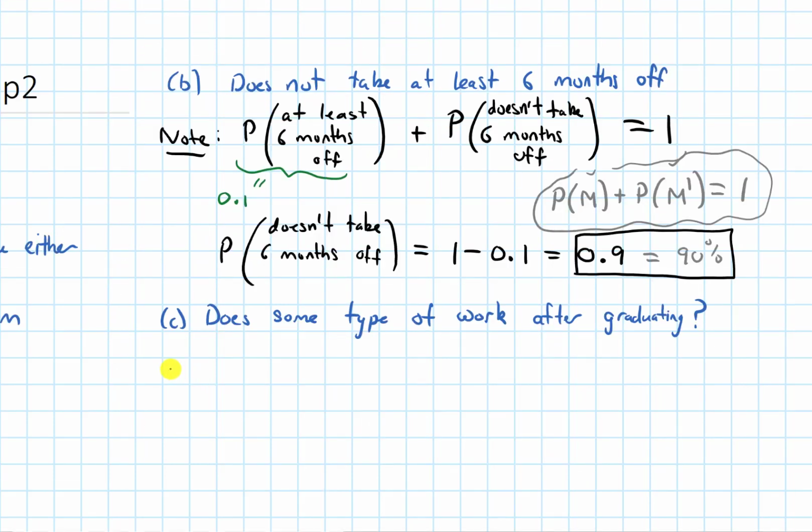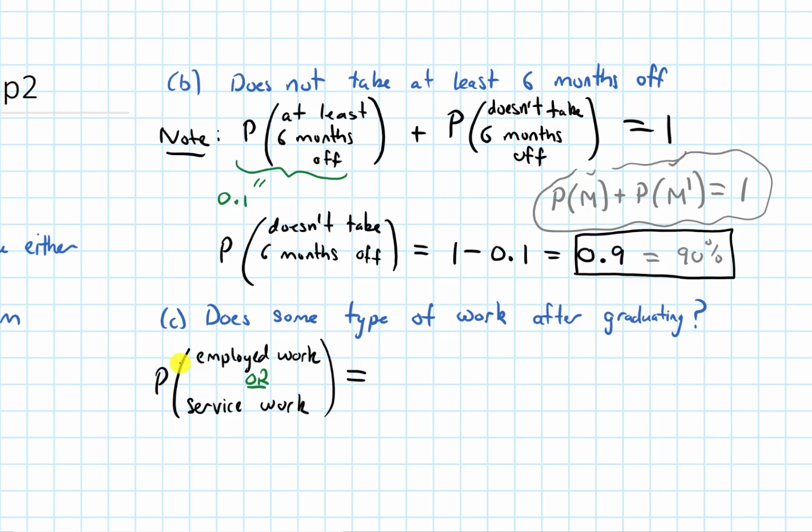Part C is essentially asking, what's the probability that a person does employed work or they do service work? It's got to be one of those 2 things if they're doing some type of work after graduating, according to this problem.